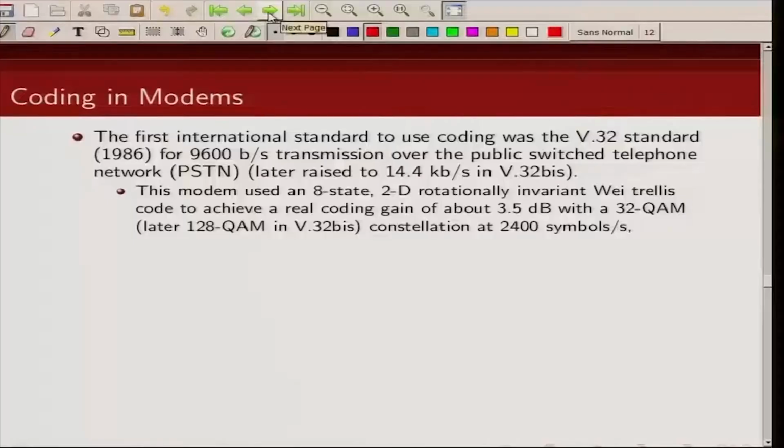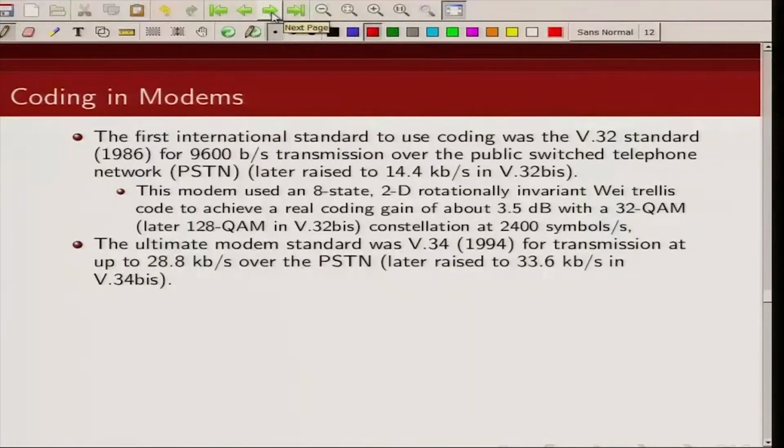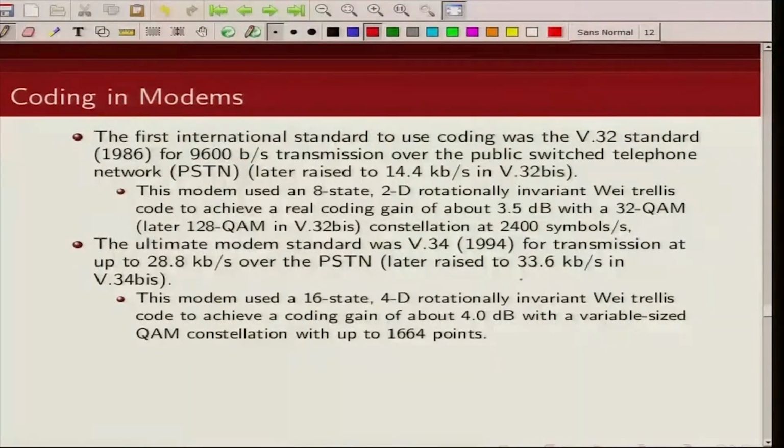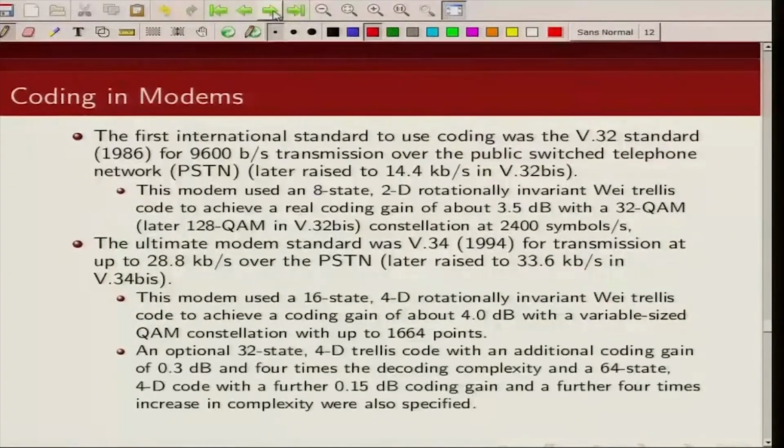Some of the applications I have listed here. Initially we had 9.6 kbps transmission that uses an 8 state code. Then finally, for 33 kbps transmission they use a 16 state 4-dimensional trellis coded modulation scheme, and there was an optional 32 state 4-dimensional trellis code which was also specified in this standard.